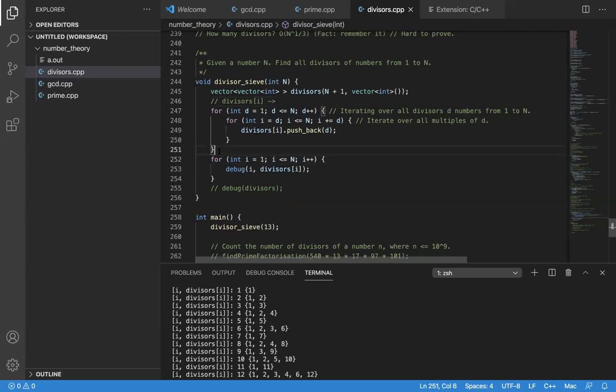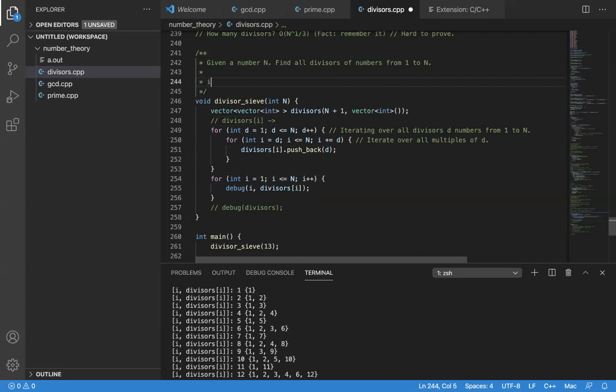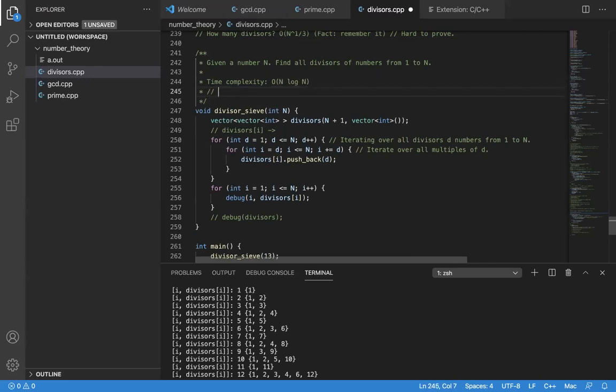That's your entire code. So what will be the time complexity of this program? Do you know what will be the time complexity of this program? From a cursory look, it looks like order n square, but it is order n log n, because what do you see?